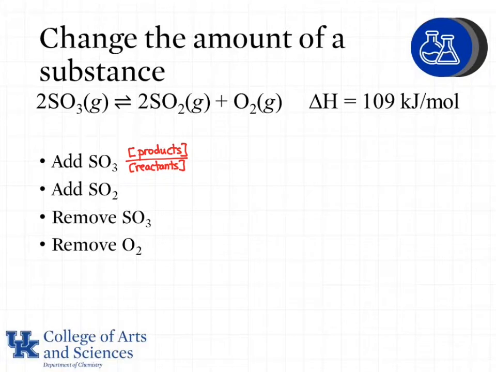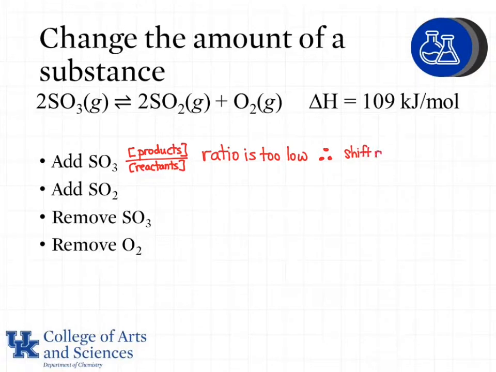We've added additional SO3, so we have more reactants with the same amount of products. As a result, the ratio is now too low. We are no longer at equilibrium. According to Le Chatelier's principle, the system will respond to minimize that disturbance or to minimize the addition of SO3.